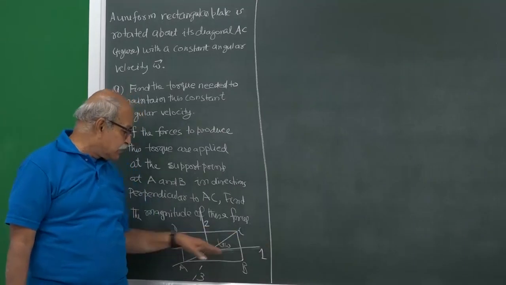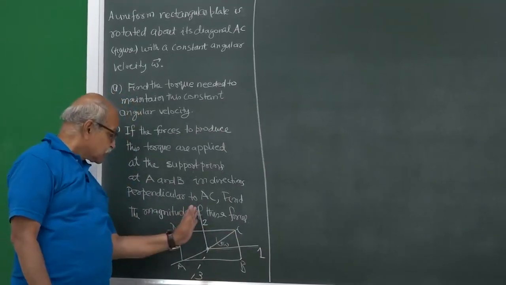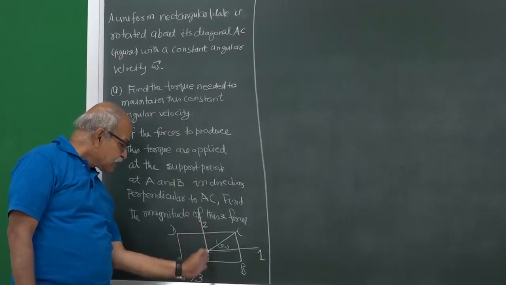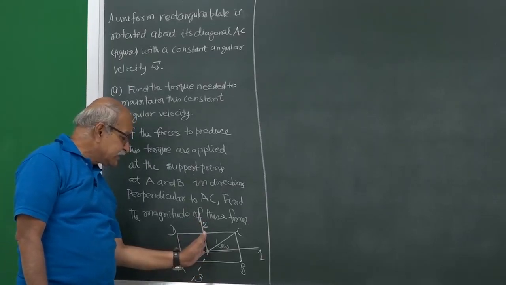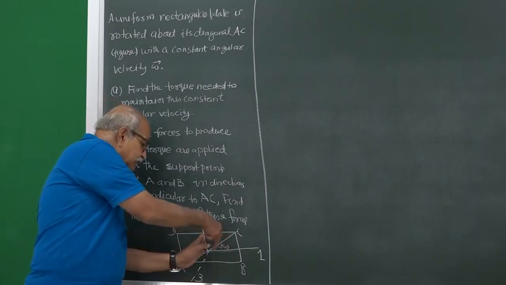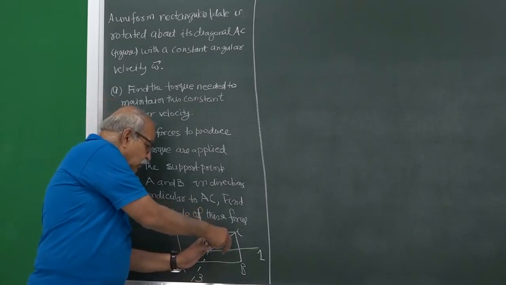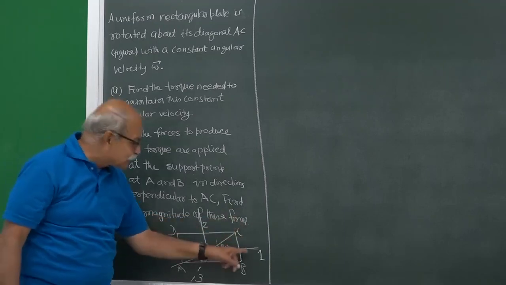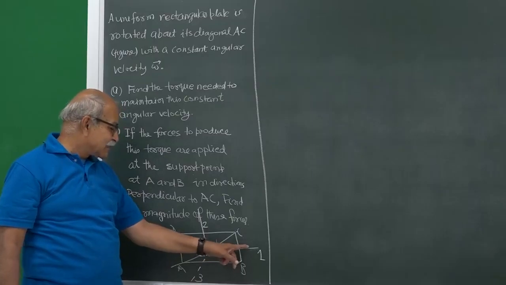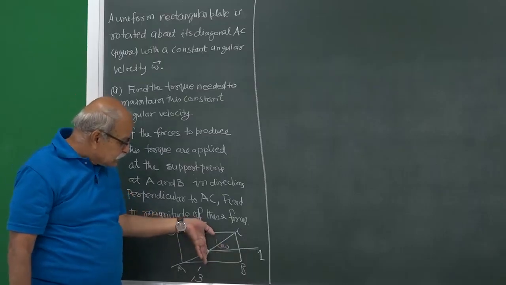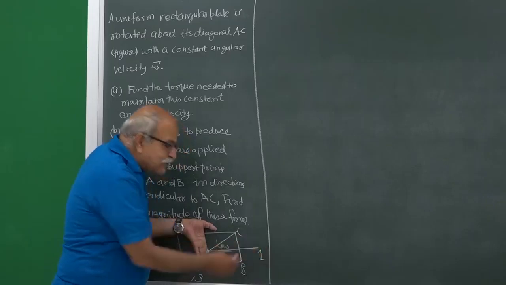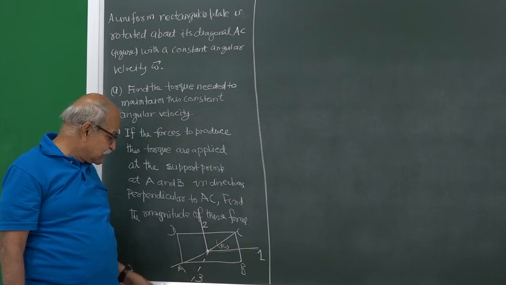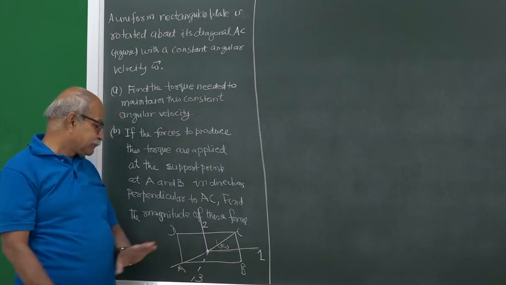This is a principal axis, because if you take a plane here, it is a reflection symmetry plane, or it is also a twofold rotation symmetry axis. So, that tells me that this is a principal axis and this is a reflection symmetry plane. So, any line perpendicular to it will be a principal axis. Similarly, this is a principal axis and the third one is also a principal axis.